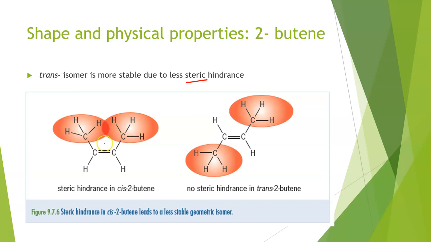In the case of cis molecules, we can see steric hindrance where these methyl groups would interact with each other, and that would be more unstable than if we have the trans groups where the groups have plenty of room to move, remembering that these are still electron clouds and things like that, so we can have repulsion occurring. So we would tend to see the formation of the trans 2-butene isomer more than the cis 2-butene isomer because it is less stable, and less stability tends to mean less often occurring in the world of chemistry.